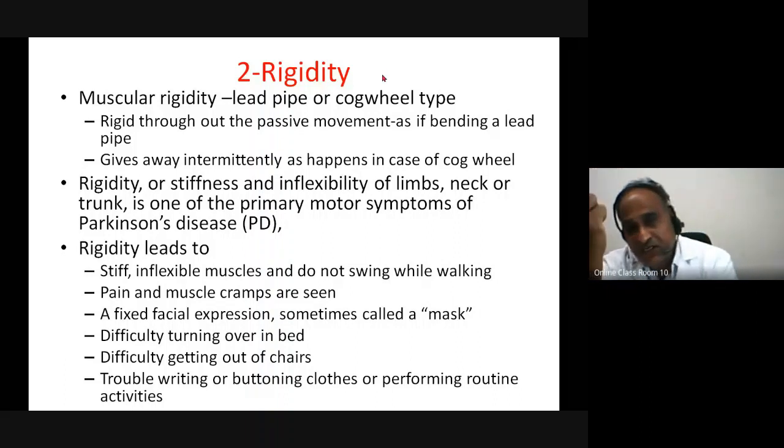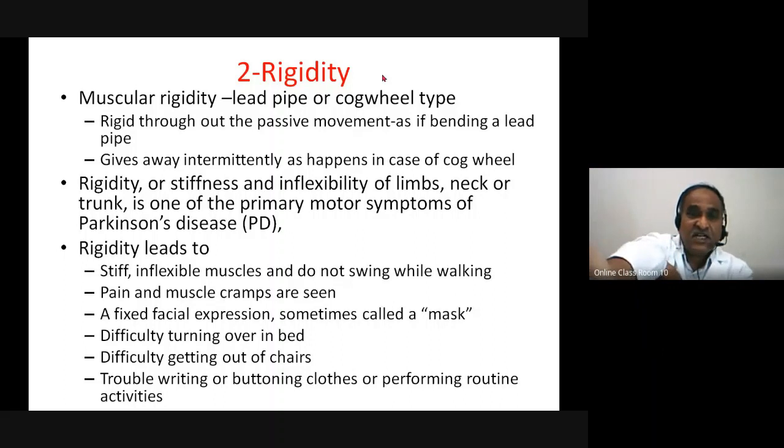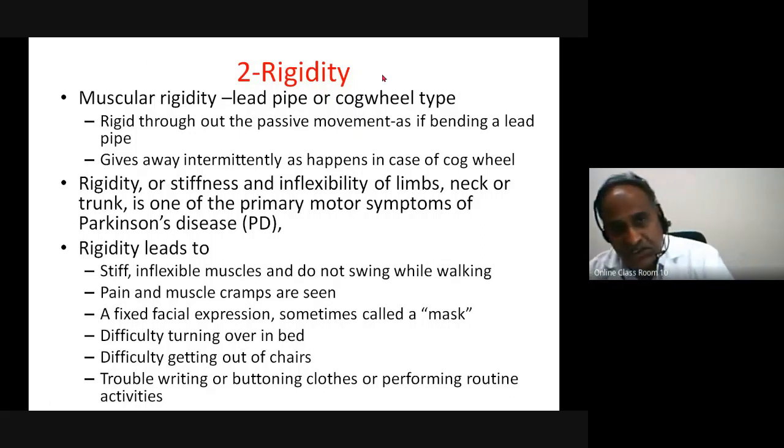So lead pipe rigidity is a continuous resistance, while cogwheel rigidity is intermittent resistance, giving way in breaks like this. The rigidity, stiffness or inflexibility can affect the limbs, the neck muscles and the trunk. This is a primary motor symptom of Parkinson's disease.